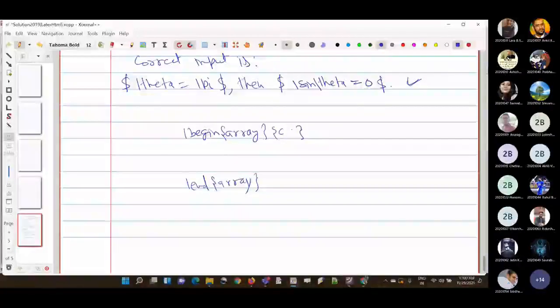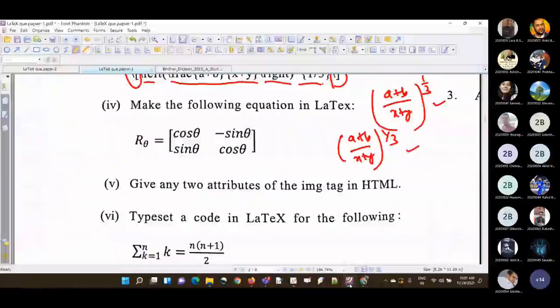So let us see the entry cos theta minus sine theta. So here you have to write backslash cos backslash theta, and then minus, and then backslash sine, and then backslash theta. All right. And then you have, I guess, sine theta and cos theta at that place.